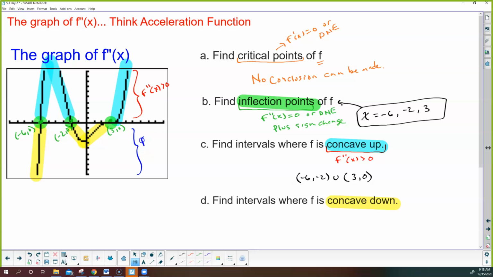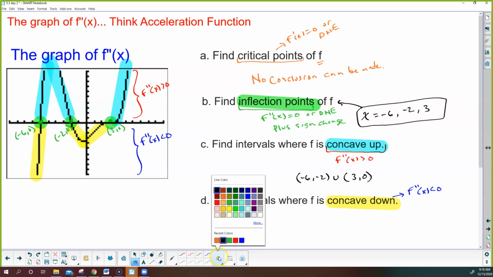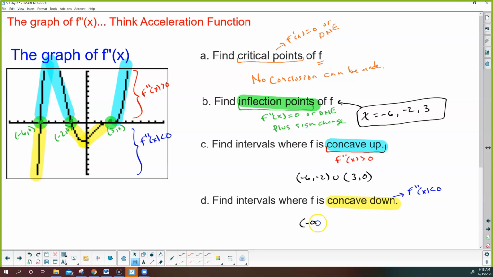So anything below the x-axis, second derivative is less than 0. And that's from -infinity to -6, unioned with the piece from -2 to 3.